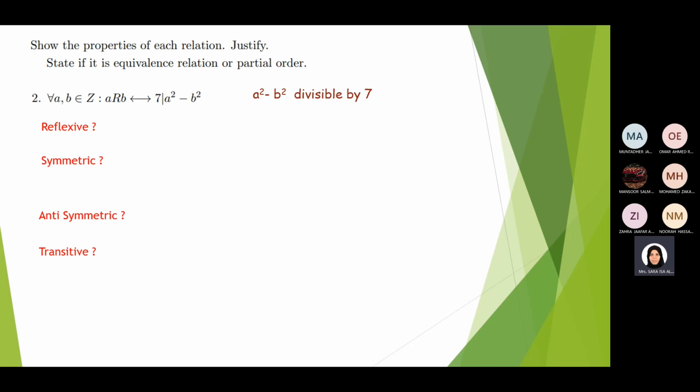Now, is this a reflexive relation on Z? That is, A related to A. What does A related to A mean? I have to substitute: A square minus A square is divisible by 7.